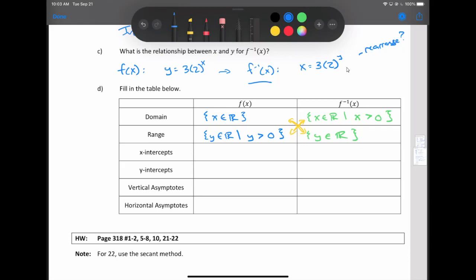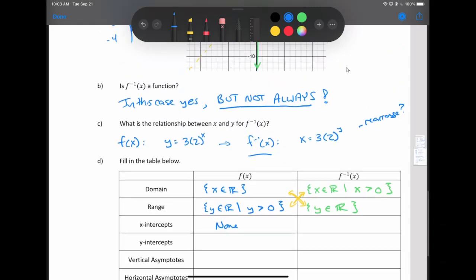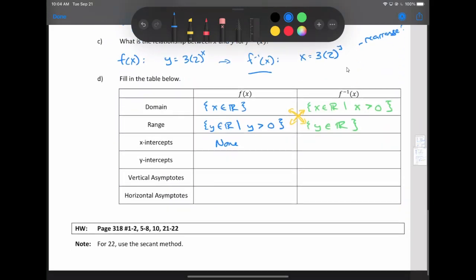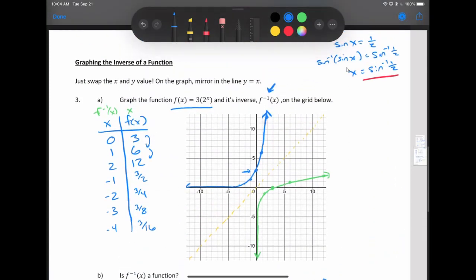For the original graph, x-intercept, there was none. It never crossed the x-axis. There is a y-intercept right here, and that's at y equals 3. And then for our inverse function, there's going to be one x-intercept, and it never crosses the y-axis at all.